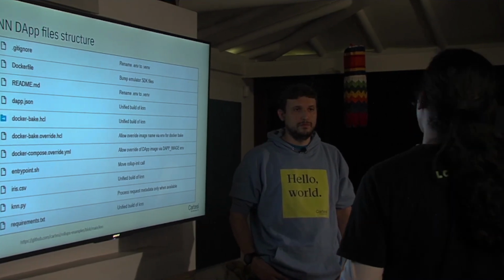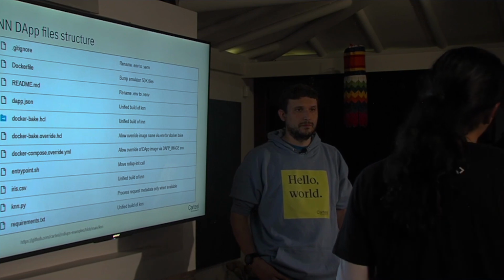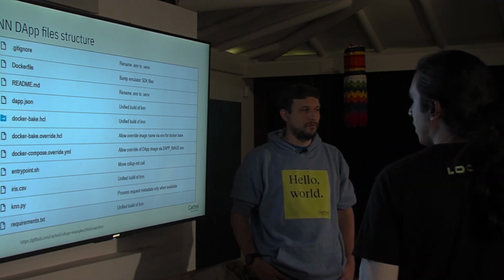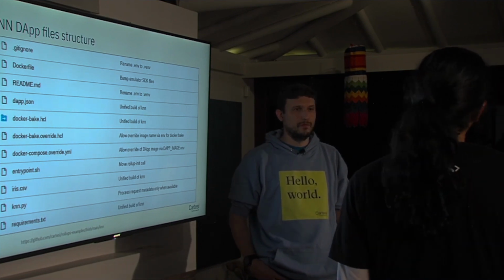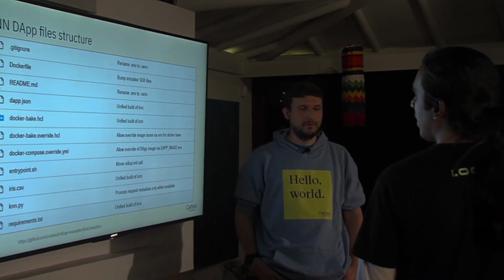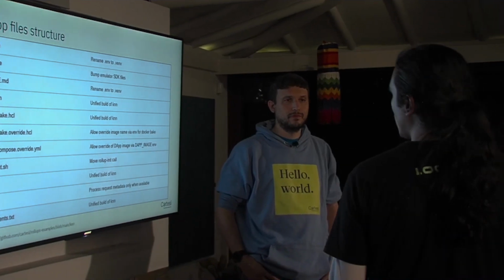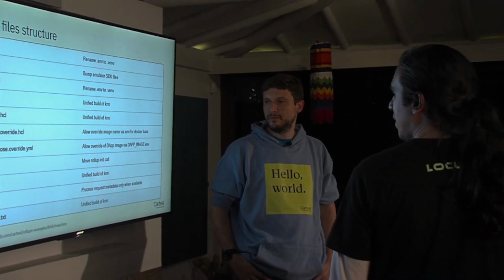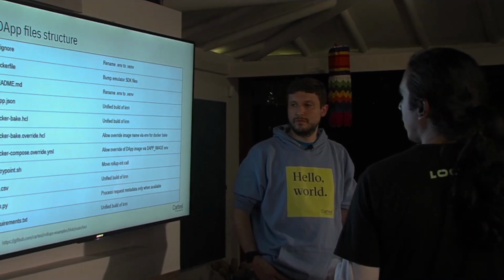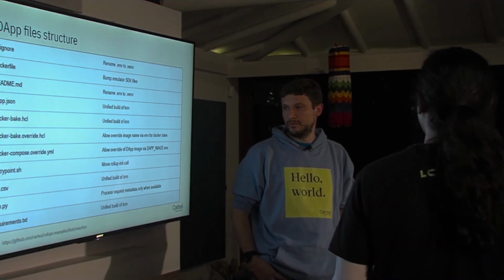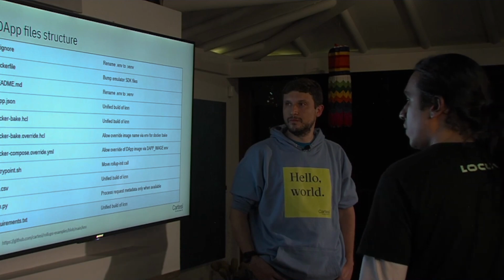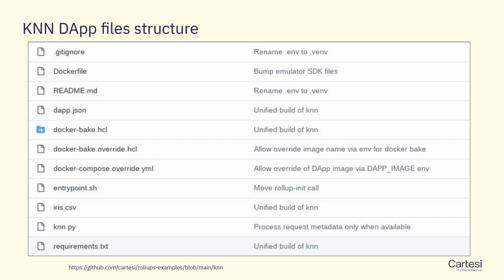Most of those files are pre-configured by the custom DApps, so you can read all the guides on GitHub, and as a Web2 developer it will be easy to configure your DApp and make it work properly. Here we can see that we add the KNN.py, which I will be explaining in detail.